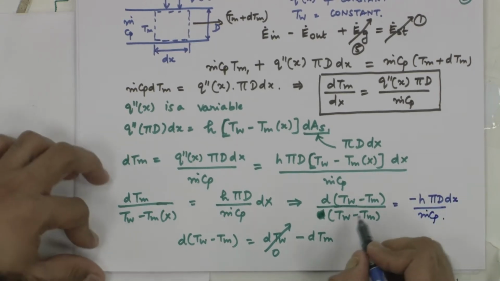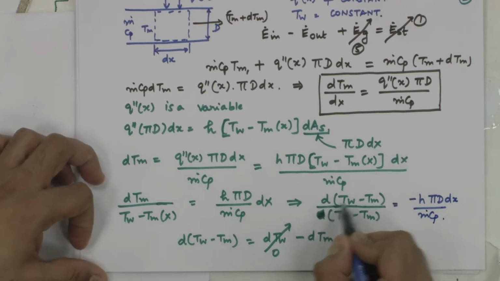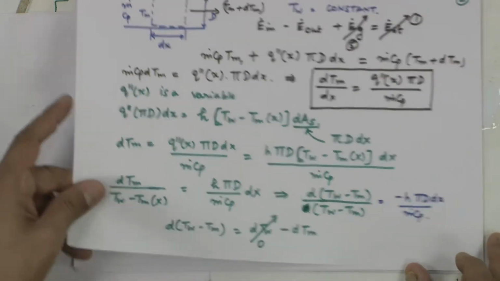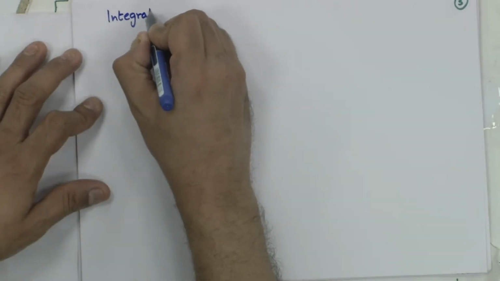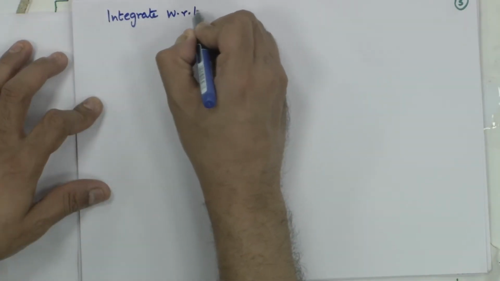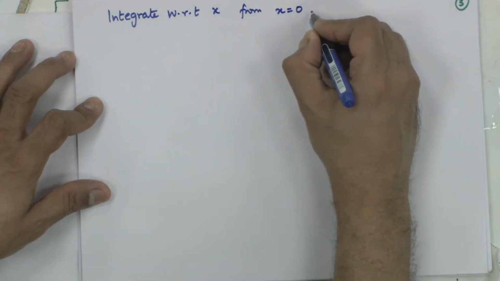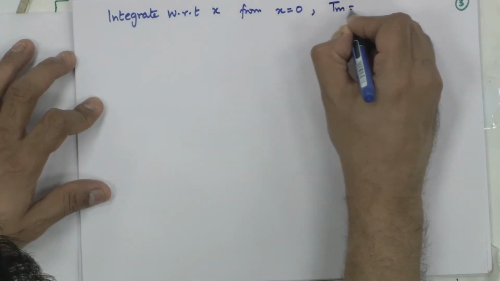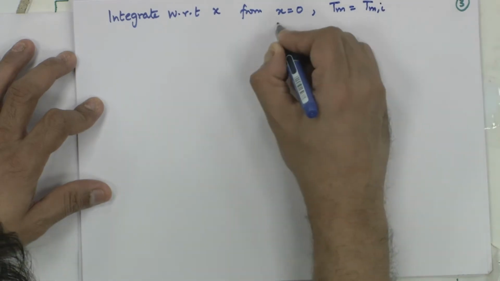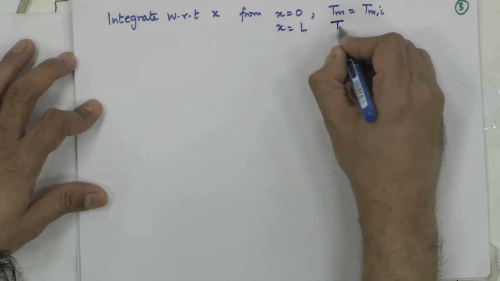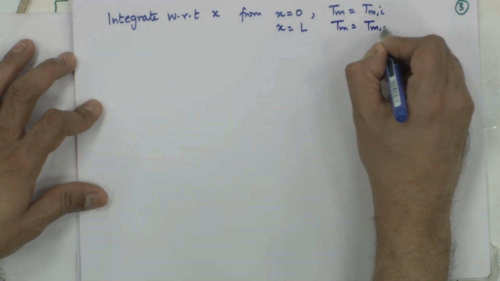Now, you have a function which is d of a quantity divided by that quantity, which on integration is going to give me, integrate with respect to x and within limits from x is equal to 0, where T bulk mean is equal to T bulk mean inlet, to x is equal to L, where T bulk mean is equal to T bulk mean exit.